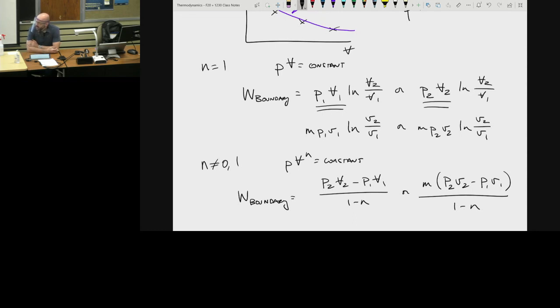One thing I want to tell you is that when you're looking at this equation or this equation, and I ask you to draw it on a PV diagram, you're going to draw a curved line. Students all the time write to me and say that PV^n with n equal to 1 is a straight line.